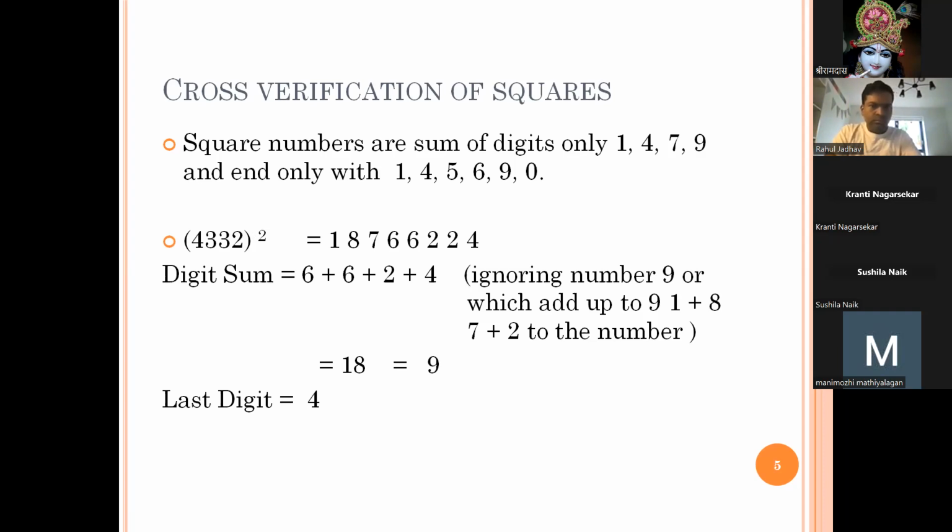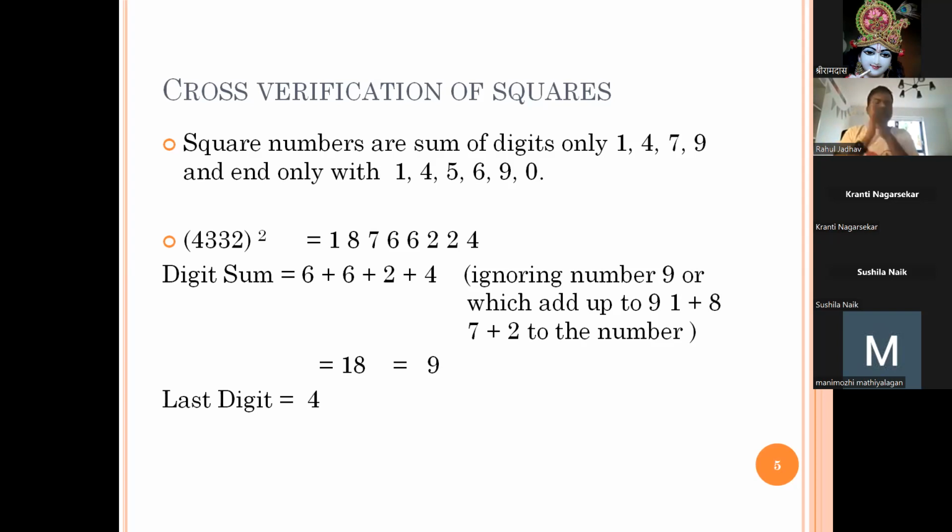Means if you add up all the digits, you will get either 1, 4, 7 or 9. And a square always ends with 1, 4, 5, 6, 9 or 0. You will not get a square ending with 3, and you will not get a square ending with 7.